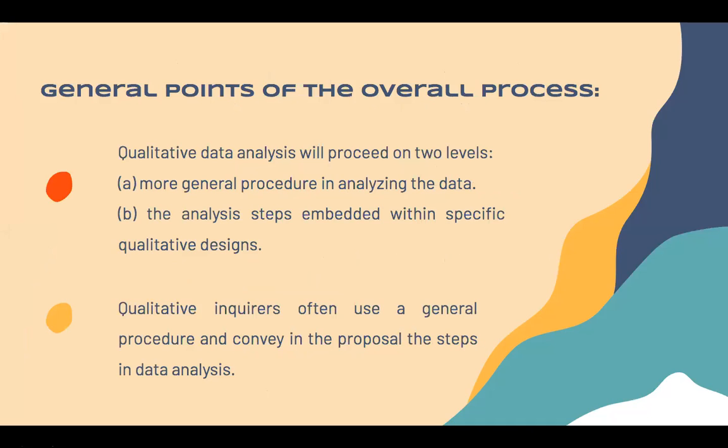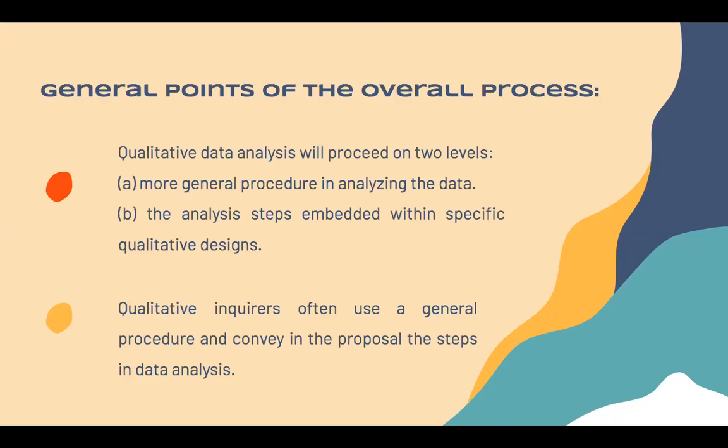For example, narrative research employs restorying the participant stories using structural devices, such as plot, setting, activities, climax, and denouement. A complete description of the data analysis in a proposal, when the inquirer is using one of these strategies, would be to first describe the general process of analysis, followed by the specific steps within the strategy.